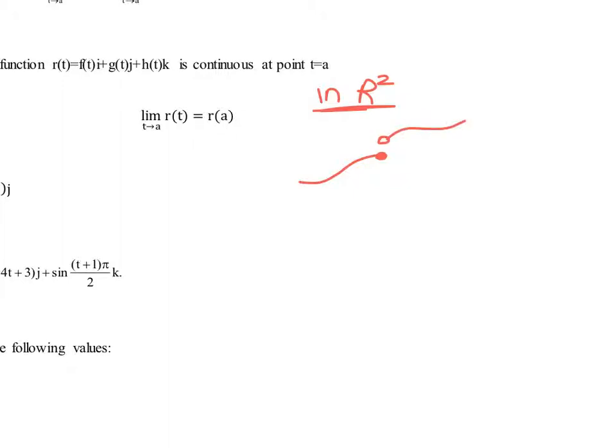All right, and this is all happening at the point where t is equal to a. I can go solid line here. So that's point A. Here we would have the case where r of a exists, so that first condition would be checked. We'd be good to go there.